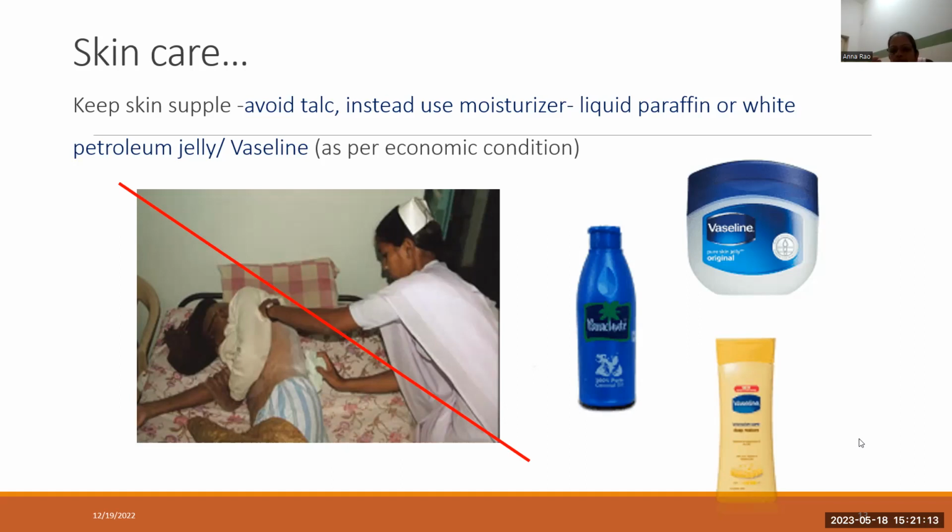Anything that is available in the patient's home, not to go for any fancy materials. At least the patient will have good hair oil in his house, right? So coconut oil without any fragrance, of course, can be applied. Any edible oil can also be applied.